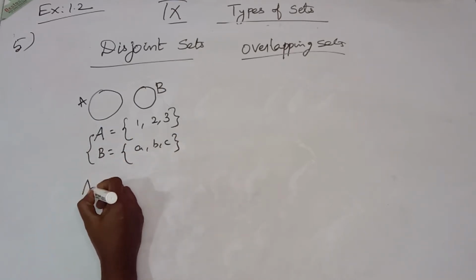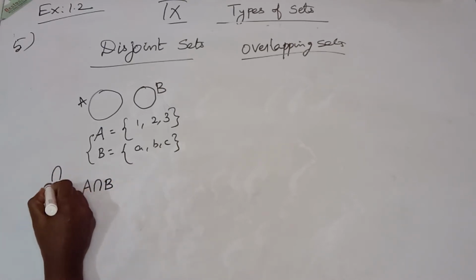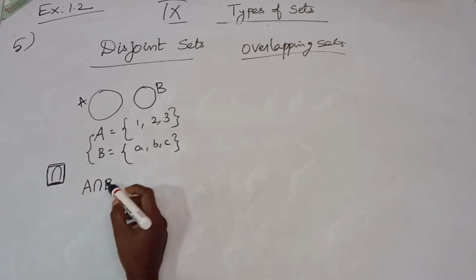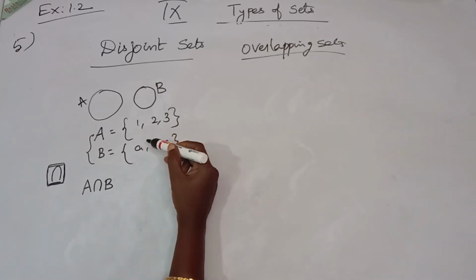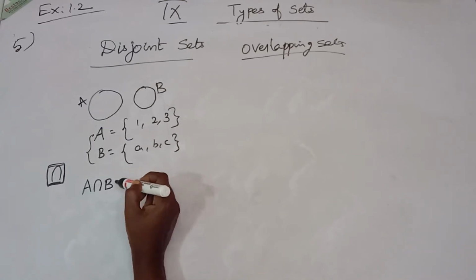How do you find the common element? A intersection B. This symbol is the intersection. Intersection means you write the common elements of the two sets. If there is anything common between A and B, you can collect it.